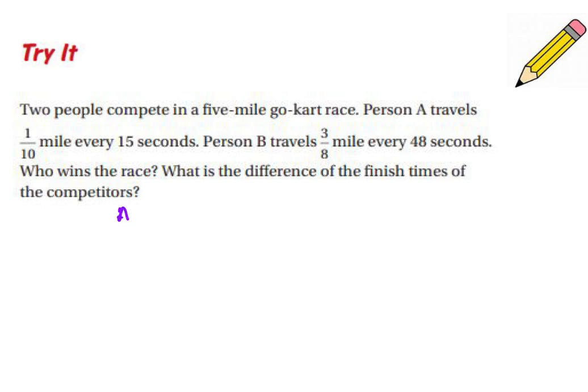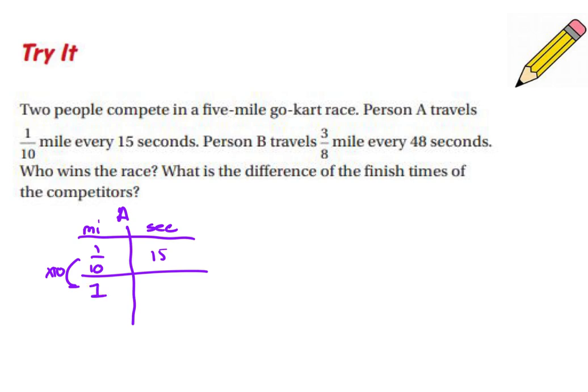Okay, so person A travels 1/10 of a mile for every 15 seconds. So if we multiply that times 10, we get 1 mile. If we multiply seconds times 10, we get 150.